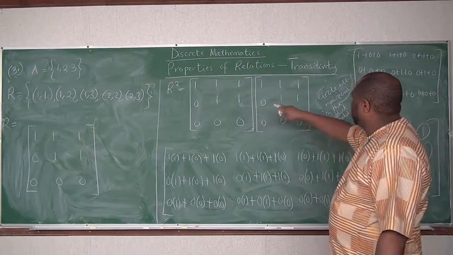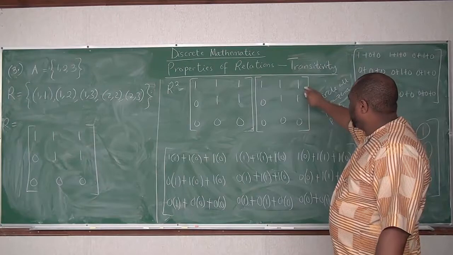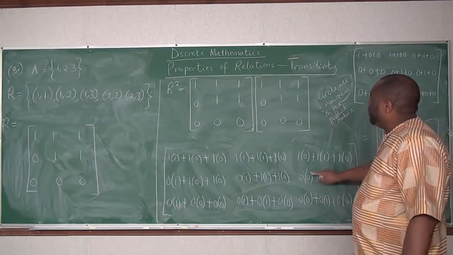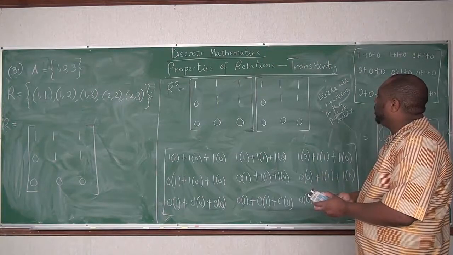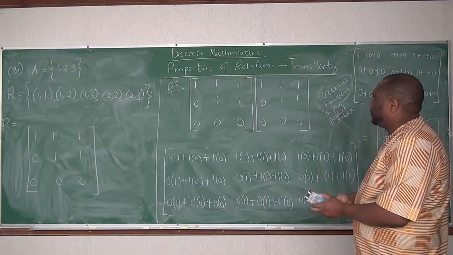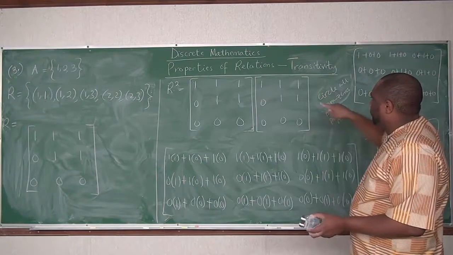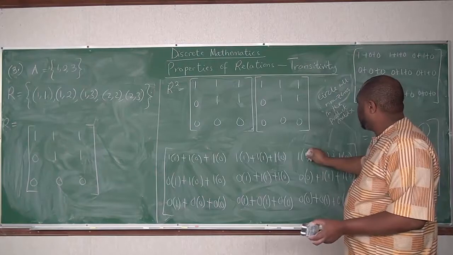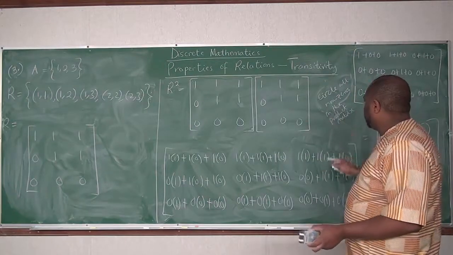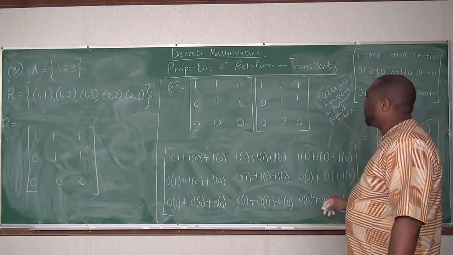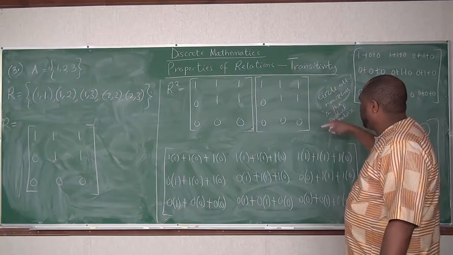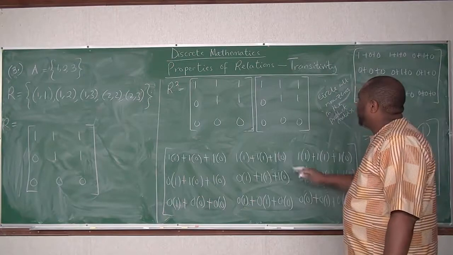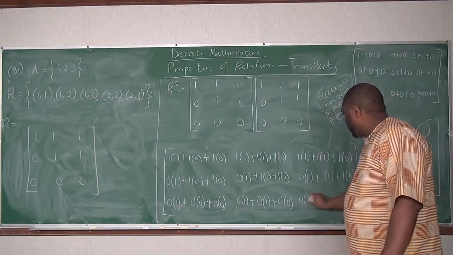So the affected entry will now be this one here, 2, 3. Row by column, row by column. 1 will be here, and also 1 will be here.